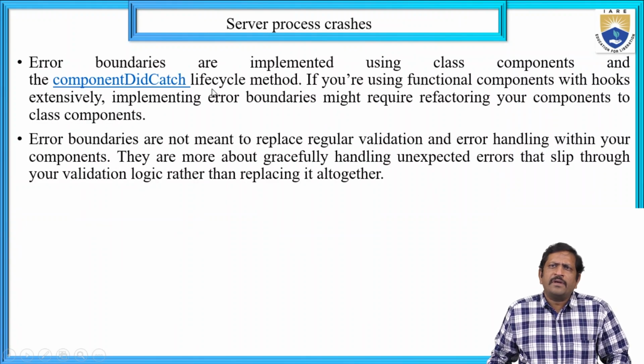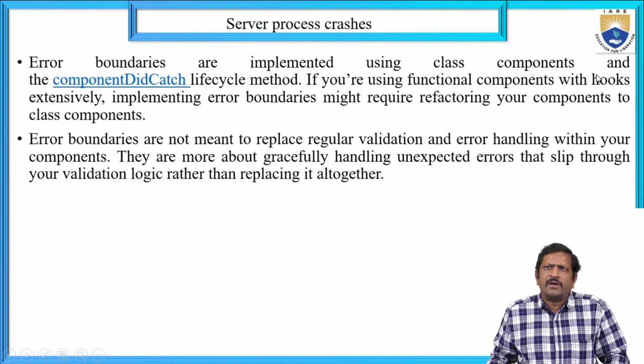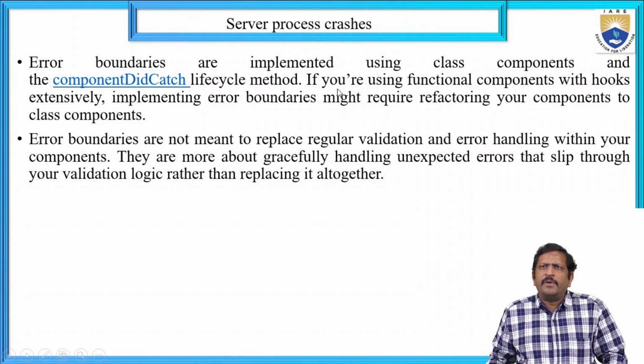Error boundaries are implemented using class components and the componentDidCatch lifecycle method. If you are using functional components with hooks extensively, implementing error boundaries might require refactoring the components to class components.